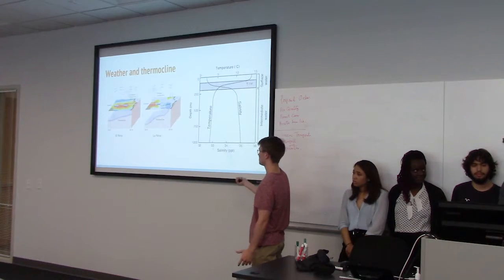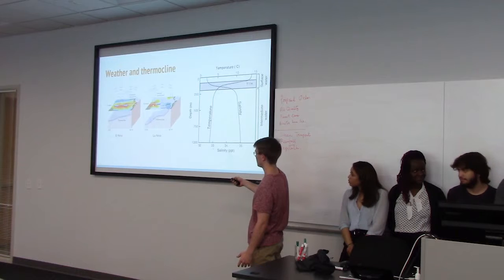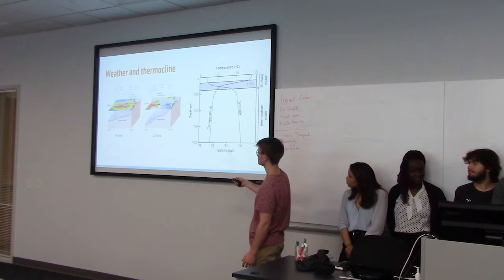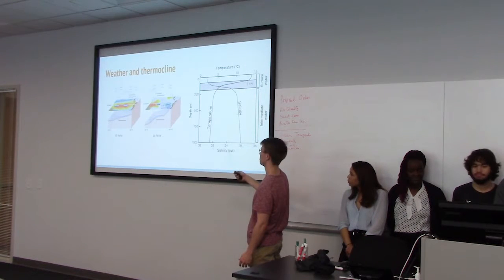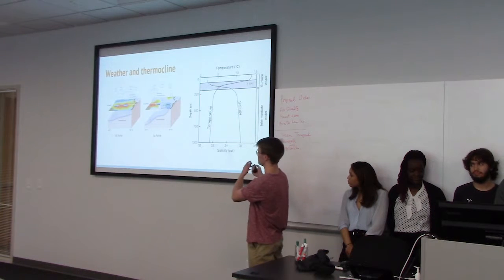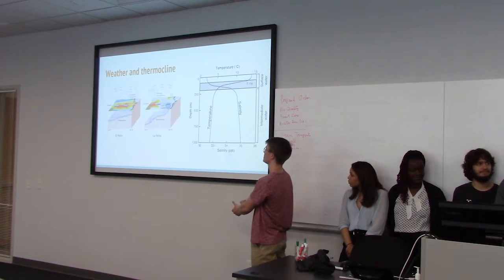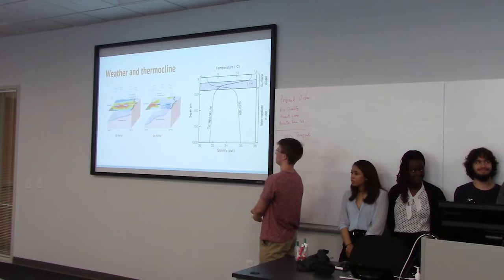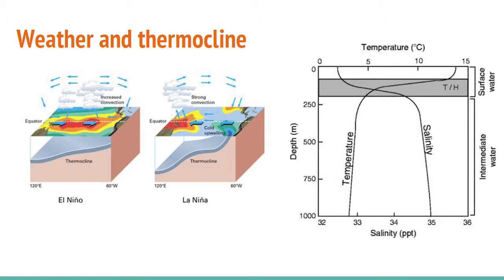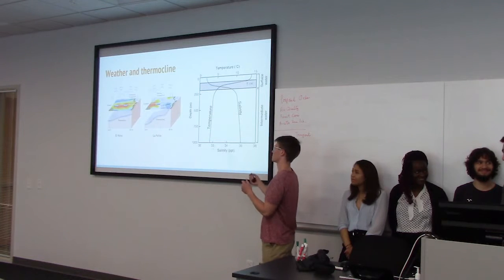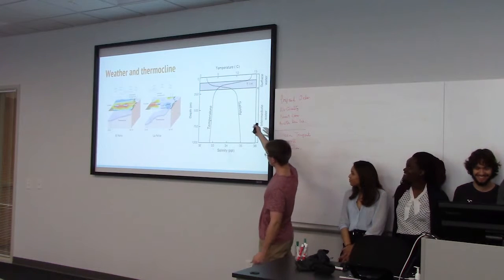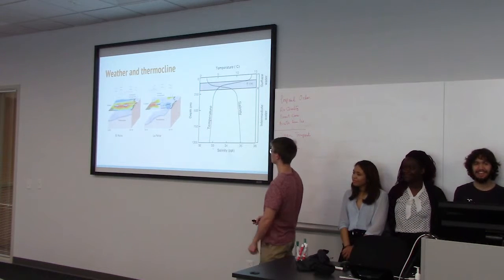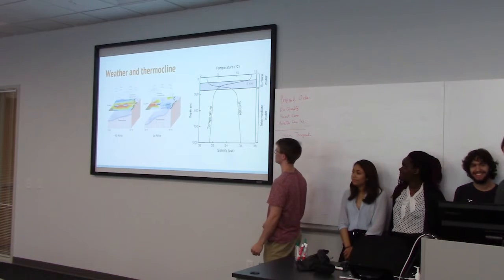As opposed to La Nina, where water tends to evaporate from the western Pacific, then go to the east and fall in the eastern Pacific. Essentially, that would change the salinity: more saline in the west, less saline in the east. Anyway, you'd be able to see that in the salinity profile. That's just one of the things that we investigated.